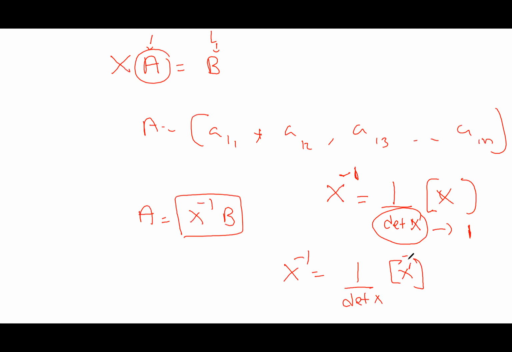Can anyone tell me when X inverse does not exist? Just look at this formula and tell me. When we are taking the inverse of a matrix, it's 1 by the determinant of X times some other matrix. That's the formula of an inverse.